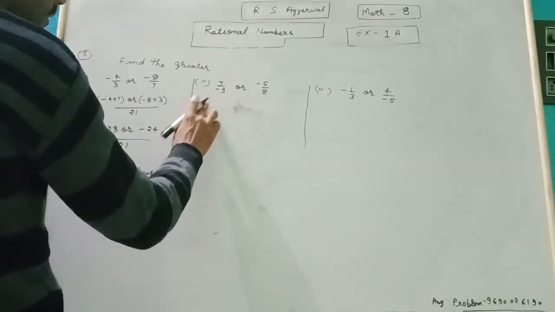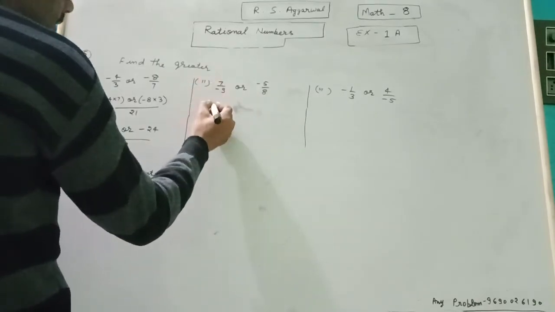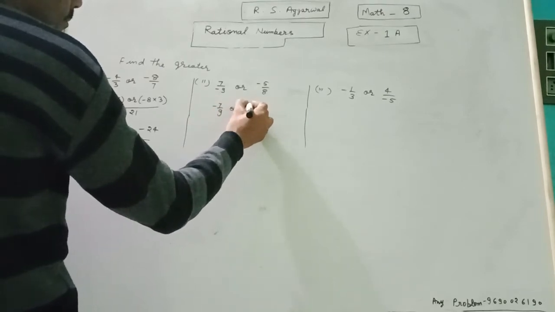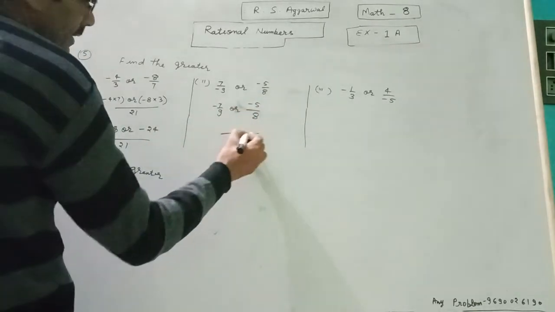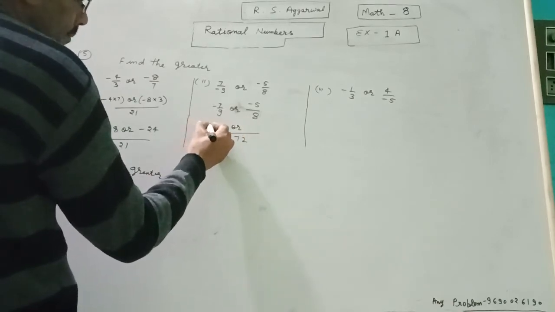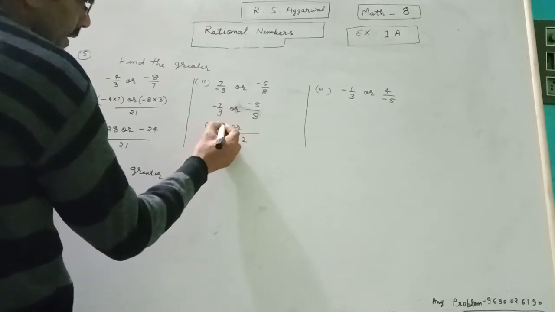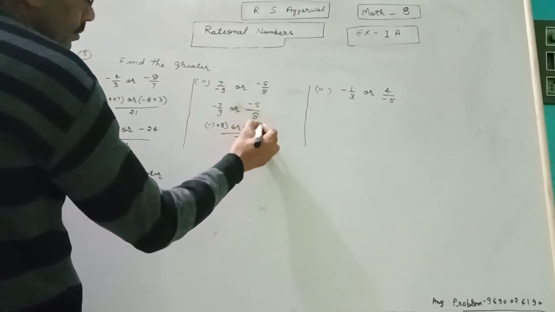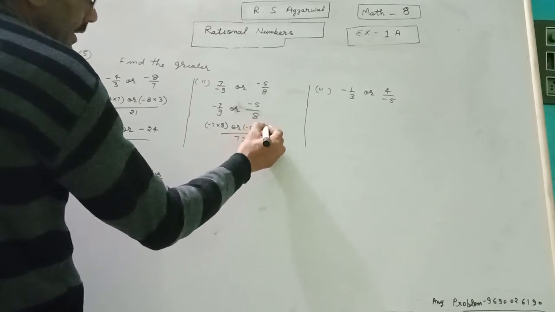At first, minus should not be in the denominator. Minus 7 upon 9 or minus 5 upon 8. After LCM, 9 and 8 is 72. Minus 7 into 72 divided by 9 is 8, and minus 5 into 72 divided by 8 is 9.